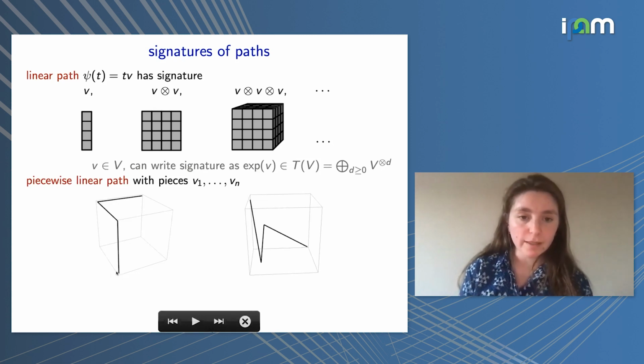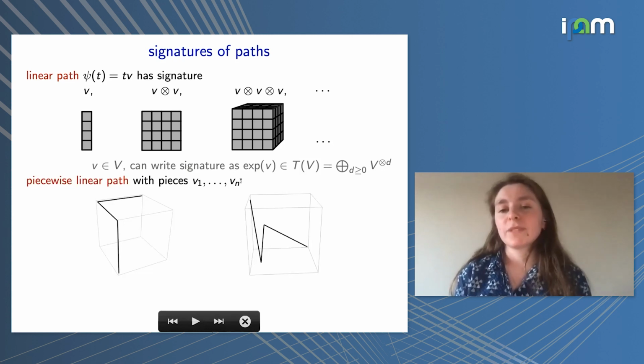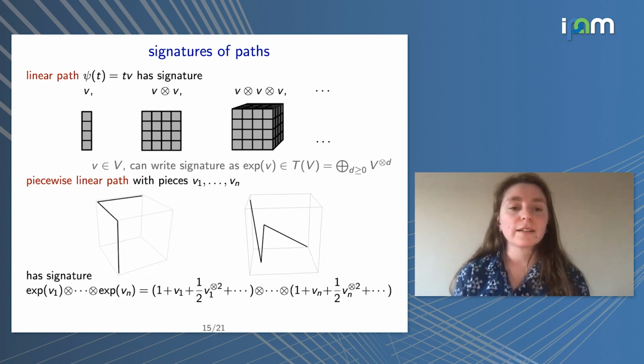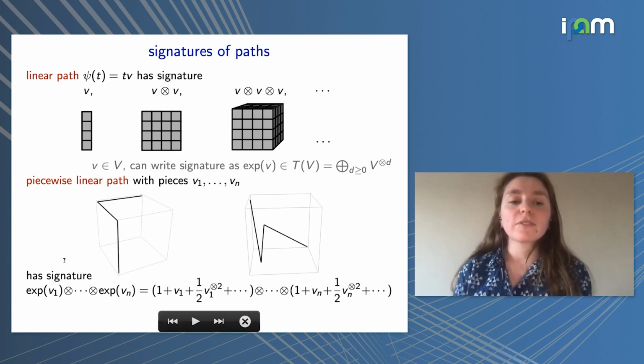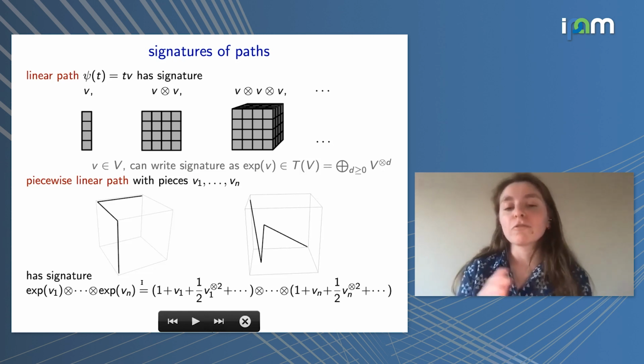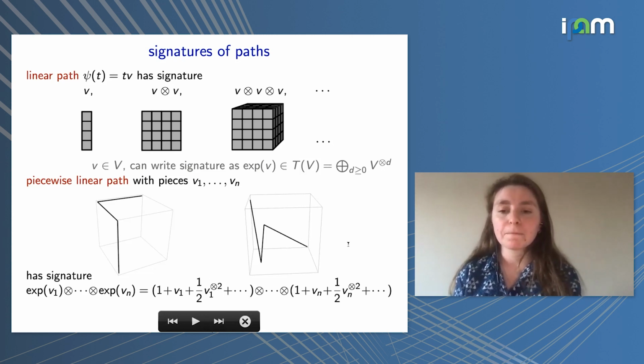If the pieces are V1 up to Vn, then we can also write out what their signatures look like. The signature of this piecewise linear path with pieces V1 up to Vn is given by this tensor product exp(V1) tensor ... tensor exp(Vn). Or if we wanted to write this out as a power series, we'd get this expression here.